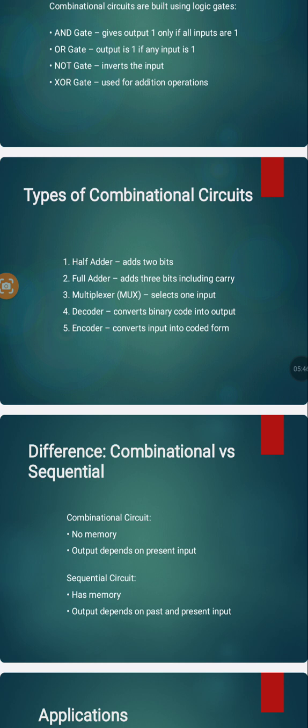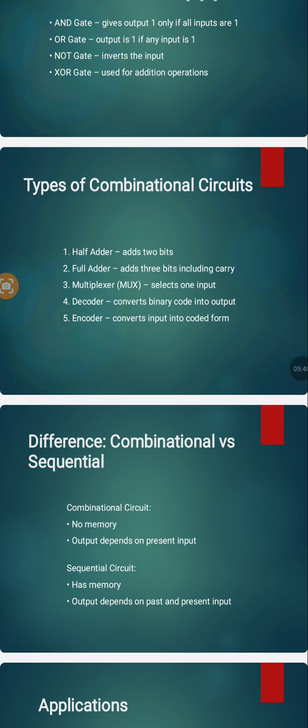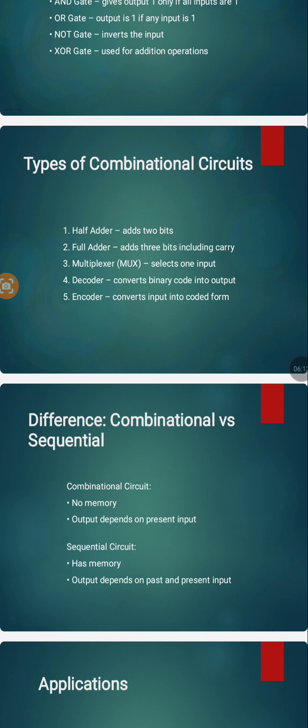So there are five types: half adder, full adder, multiplexer, encoder and decoder. The multiplexer selects one input from many, and the demultiplexer gives one input to many outputs.